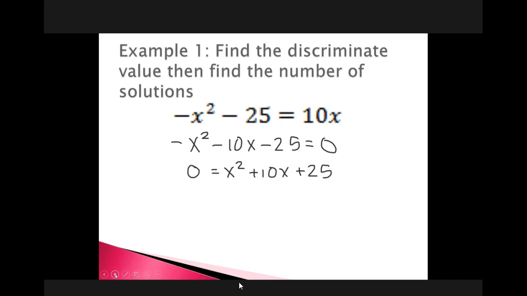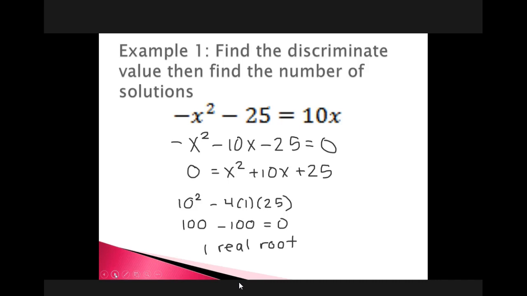So you'd get 10 squared minus 4 times a times c. 10 squared is 100. 4 times 25 is also 100. So you get 100 minus 100, which is 0. Which, if my discriminant is equal to 0, I have 1 real root.